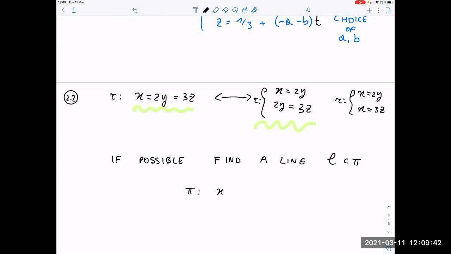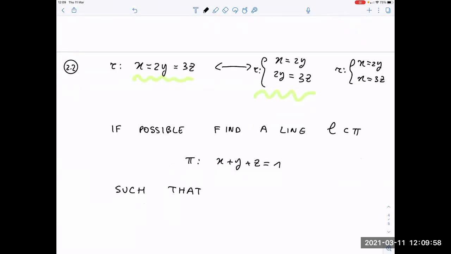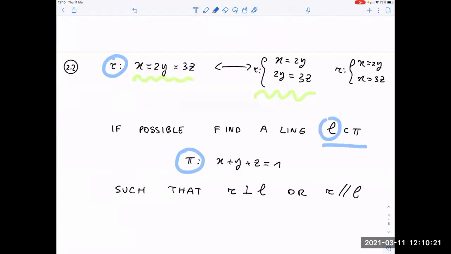Pi is the following plane, x plus y plus z equal 1, such that R is orthogonal to L or R is parallel to L. So the idea is that we are given a line R, then we are given a plane pi, and we want to find a line L on pi that is orthogonal or parallel to the given line R.